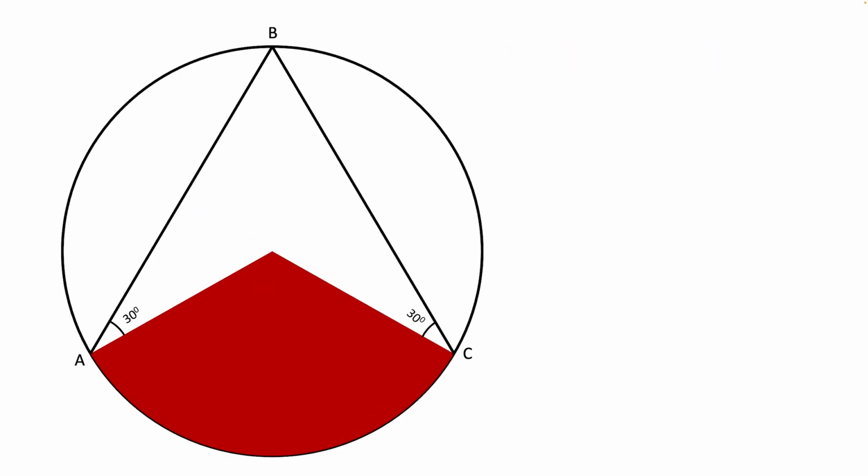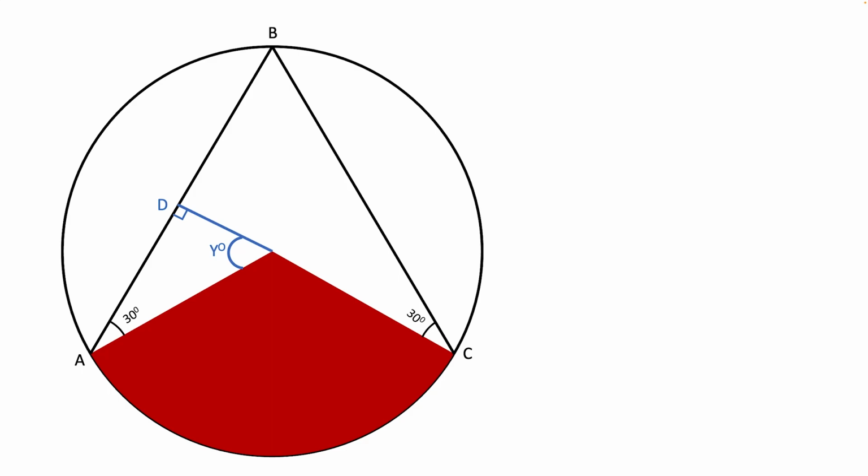So here's what I'm going to do. I am going to draw a line on the line segment AB at the point D, where D makes a 90-degree angle and it touches the center of the circle. And I'm going to name this angle y degrees.